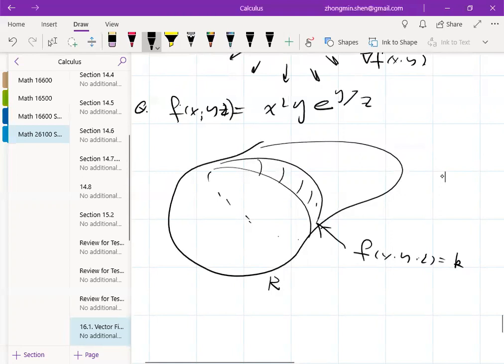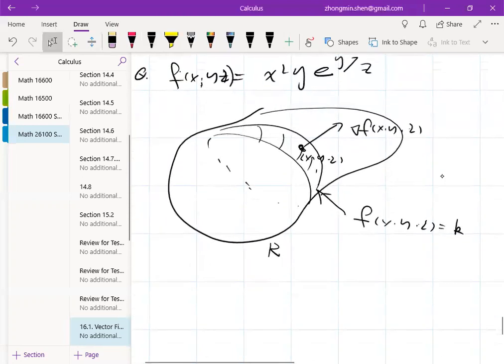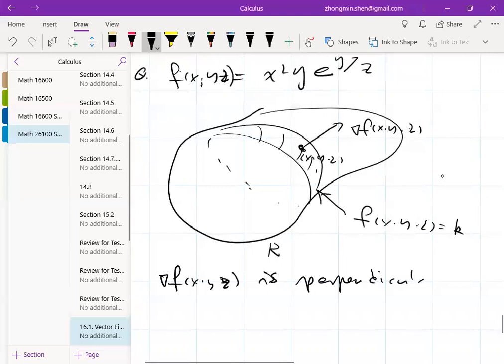So the gradient at a point x, y, z, this is a gradient. The gradient must be perpendicular to the level surface. The same idea to prove. So the important fact is the gradient of the function is perpendicular to the level surface, okay, at every point.